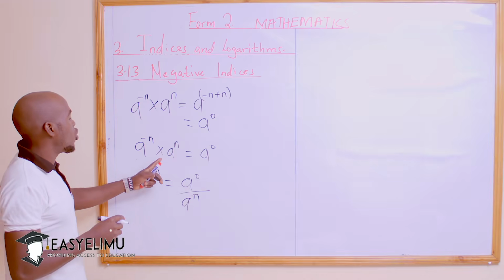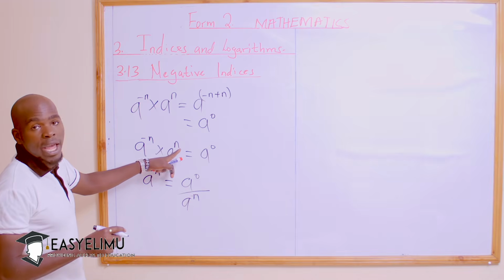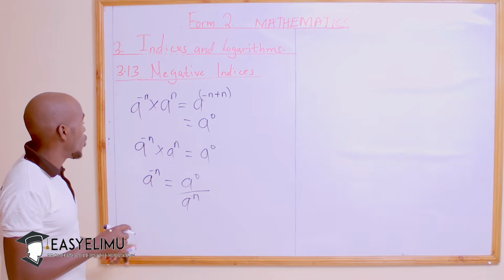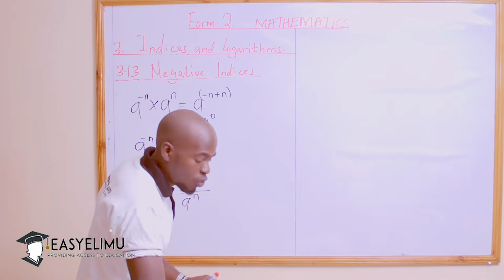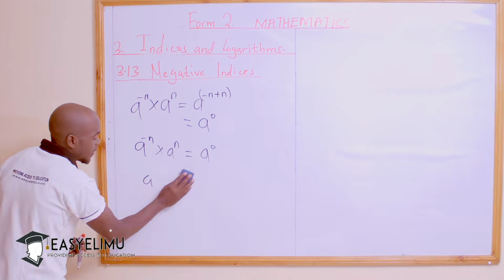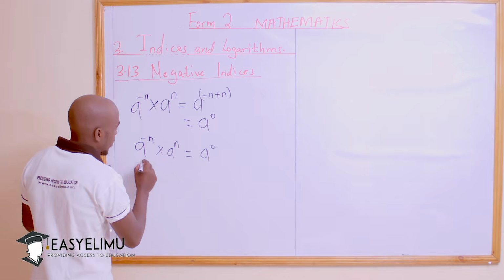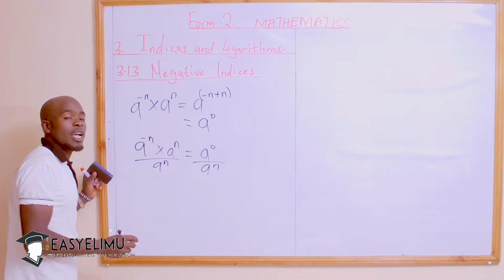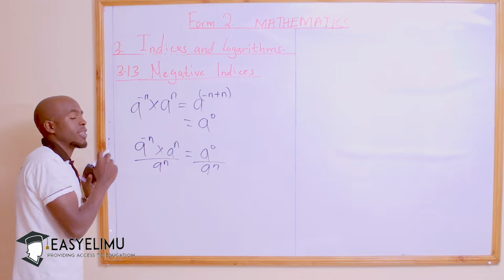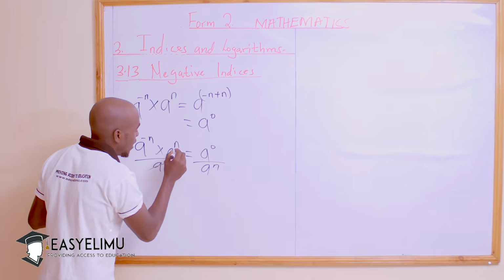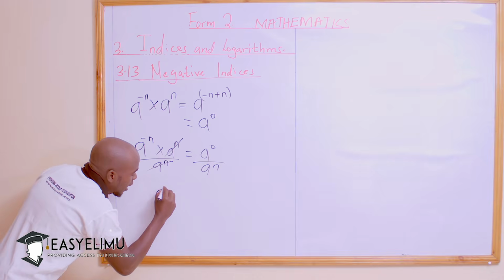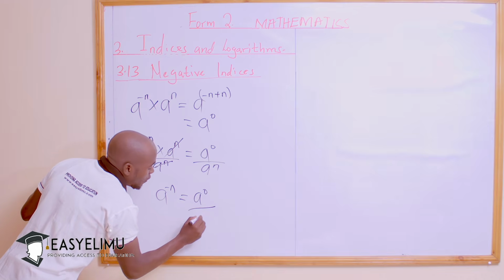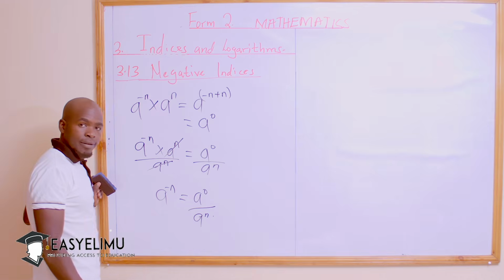That means we eliminate a raised to n on this side by dividing both sides by a raised to n, so that we remain with a raised to negative n. We are going to have a raised to negative n equal to a raised to 0 over a raised to n.